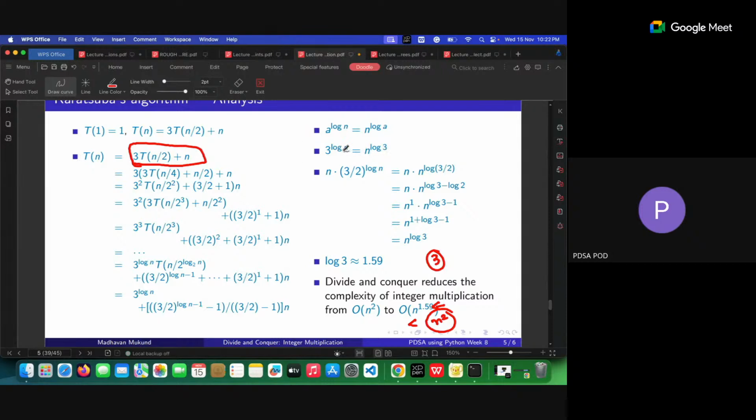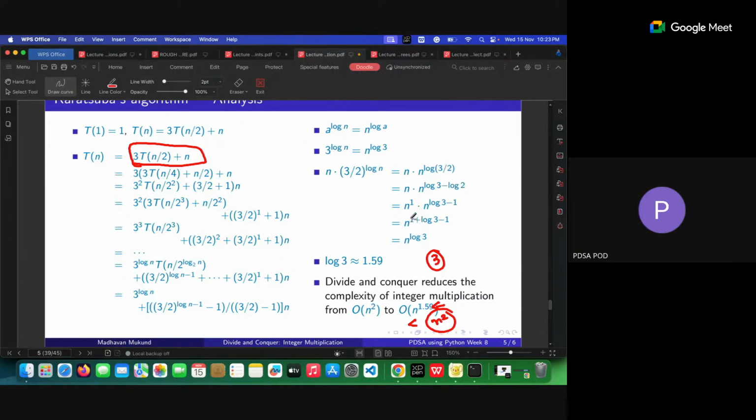Here it is, look at. A to the log n can be rewritten like n to the log a. So 3 to the log n can be written as n to the log 3. So n into 3 by 2 to the log n can be rewritten like n into log 3 by 2, which is the reverse, so n will become the base. So log base 2 of 3 by 2, then log 3 minus log 2, then simply log 3 minus 1.